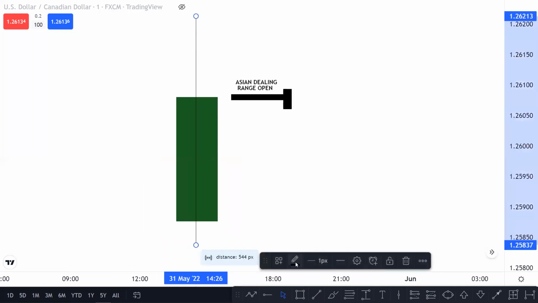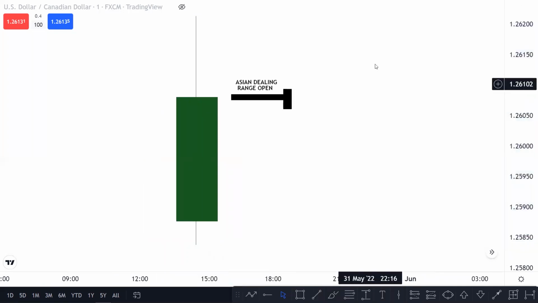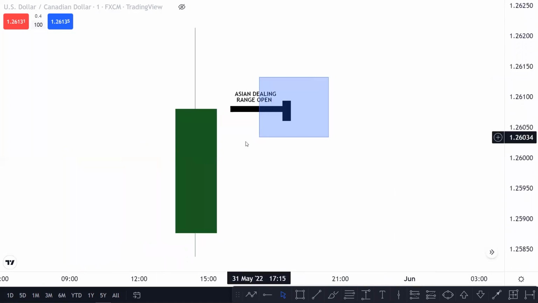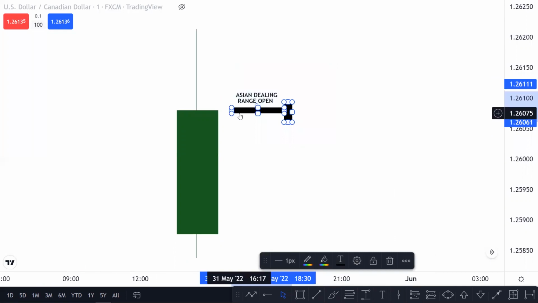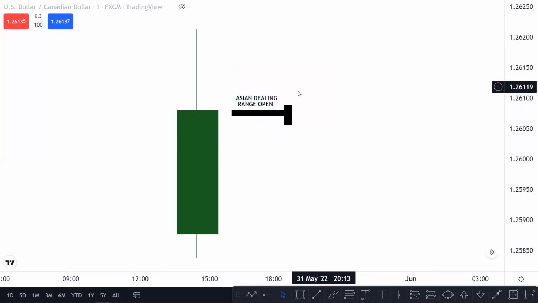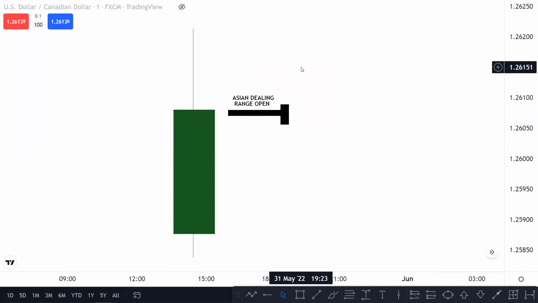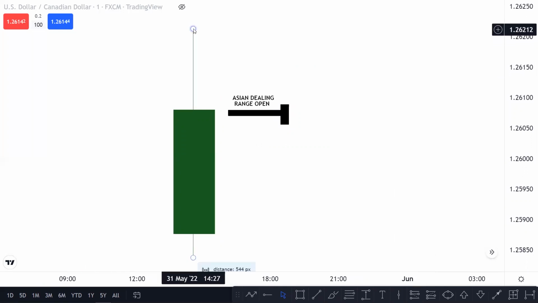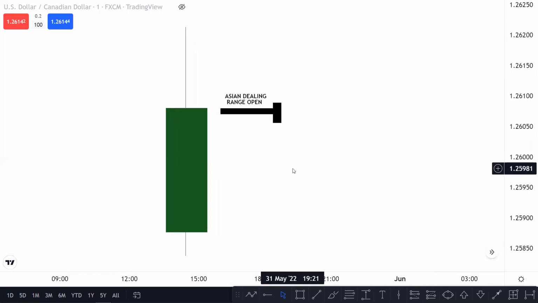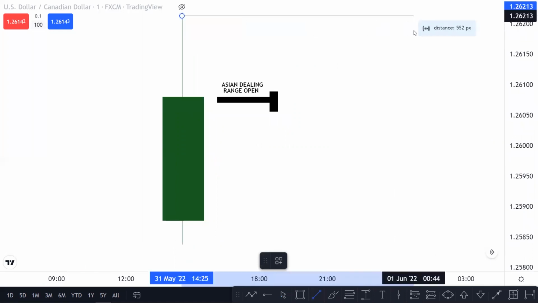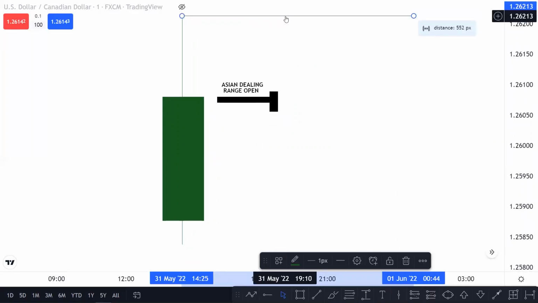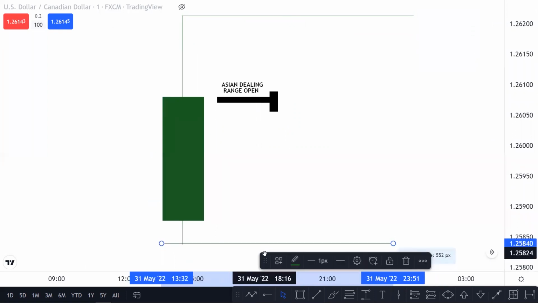I love having smart work, so let me turn this to green as well. Price opens there. We have this high and the low. You mark them. Also mark this one.